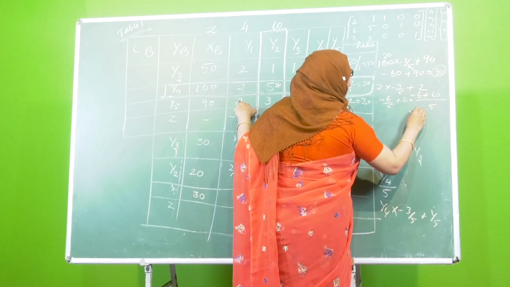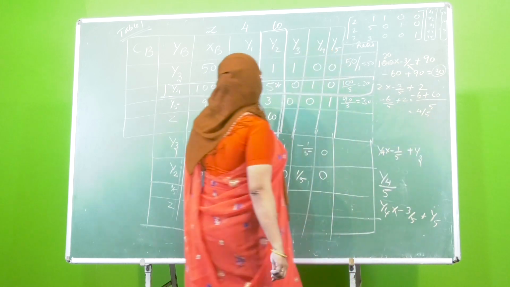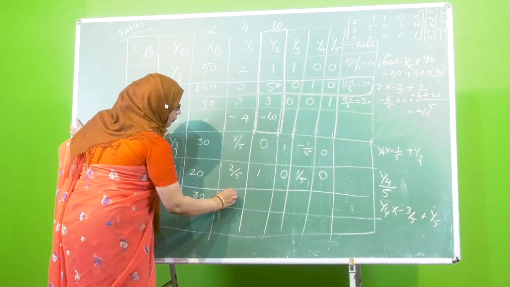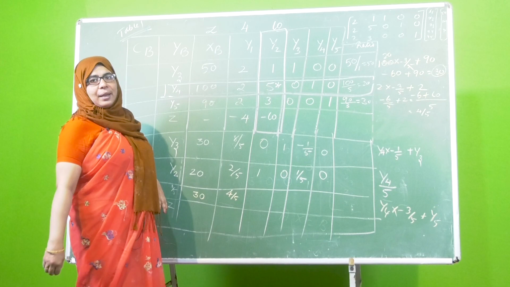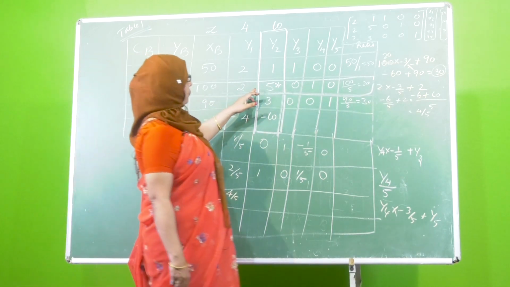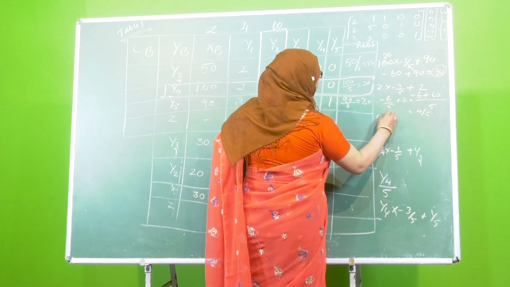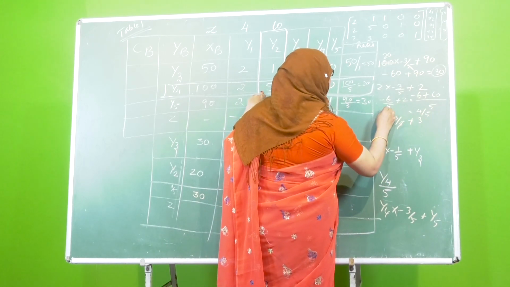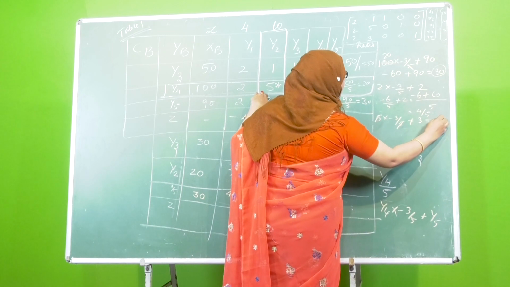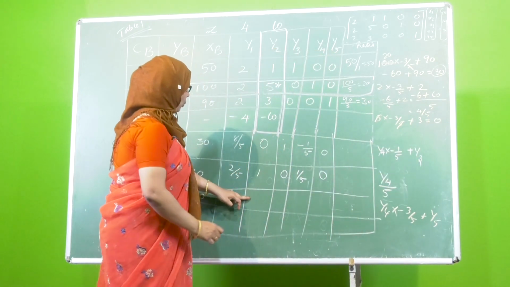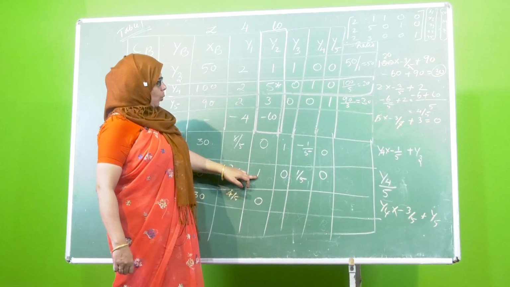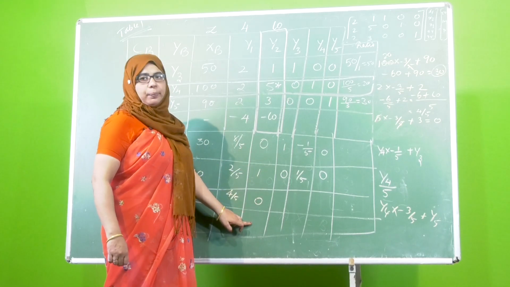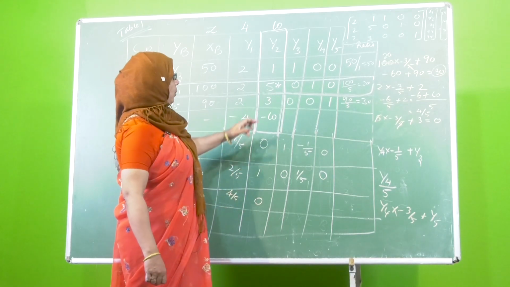That is 4 by 5. Then 5 into minus 3 by 5 plus 3. So we are getting minus 3 plus 3, getting 0. So the corresponding elements become 0. This is the condition. Okay.